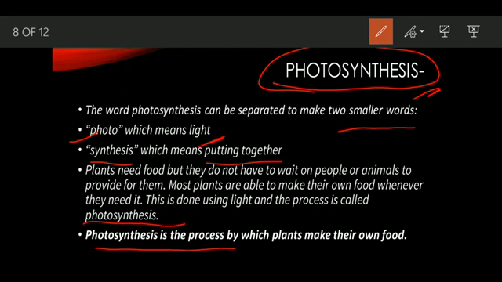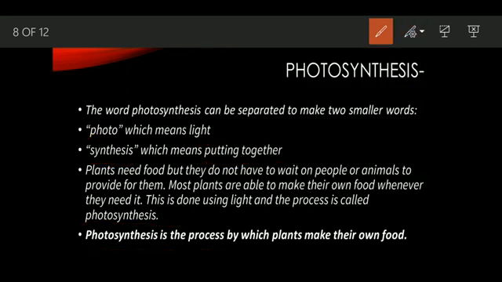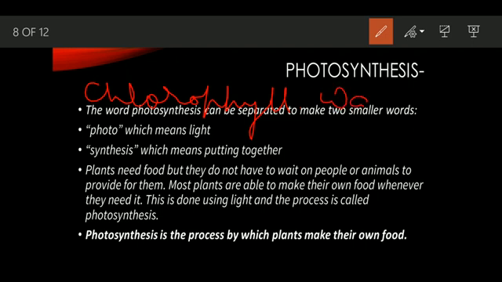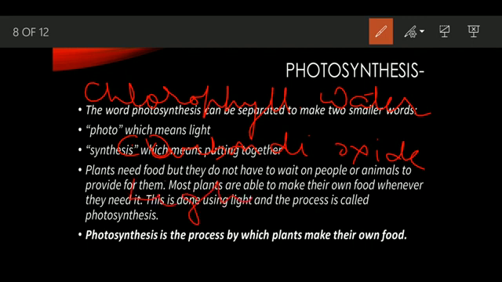And for this process, what are the important things needed? Chlorophyll, then water, and then carbon dioxide, sometimes some minerals and other nutrients also, and most important, light.